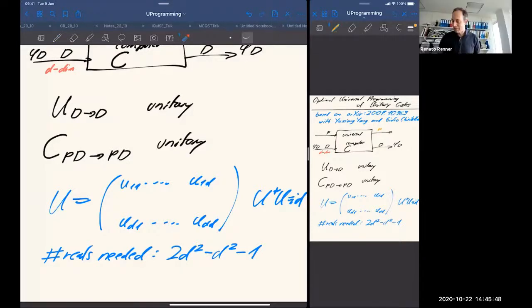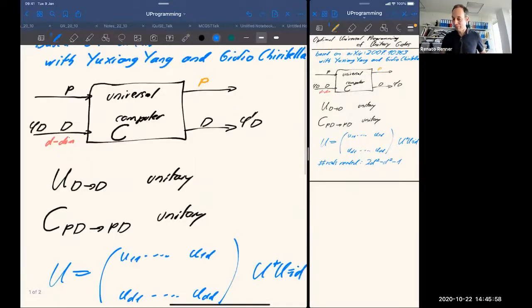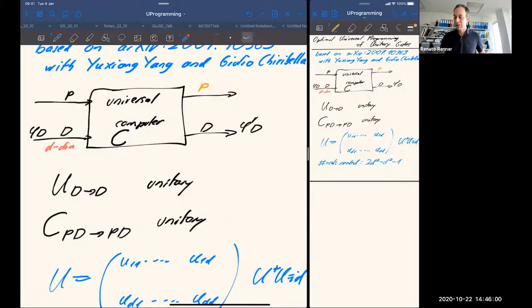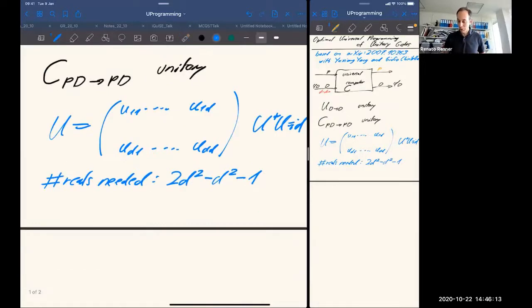But this is how many real numbers I would need to provide to you to specify a unitary. And so we would expect that the number of bits that I need to input into a computer in the most general case, when the unitaries have no structure, is essentially this times the number of bits I need to specify a real number. So roughly speaking, the cost, I call this the cost in the following.